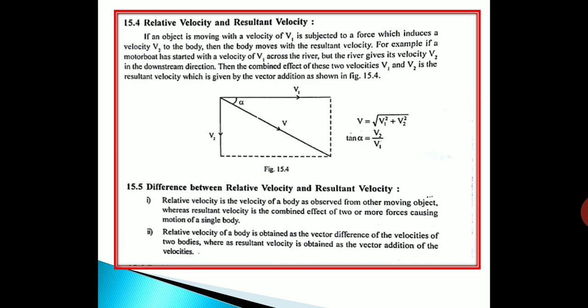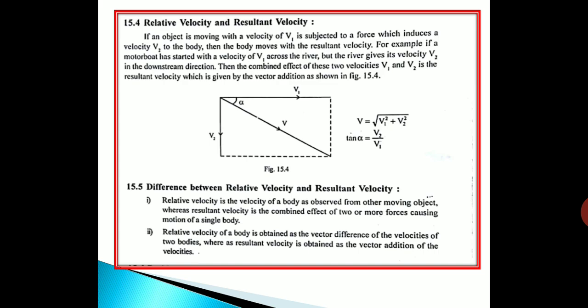Okay, so we can get the formula as V is equal to square root of V1 square plus V2 square, where V1 is the velocity of the boat generated by its own engine, and V2 is the additional velocity which is provided by the flow of the water. So we got the two concepts.